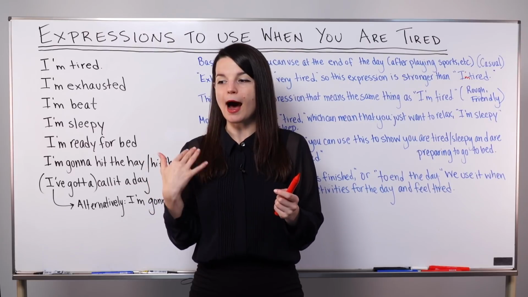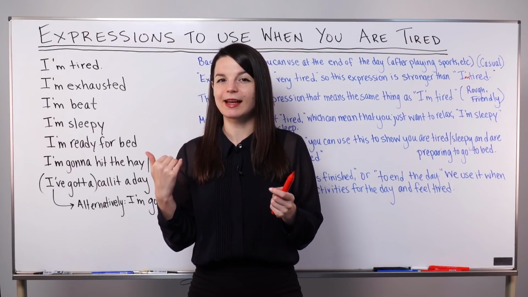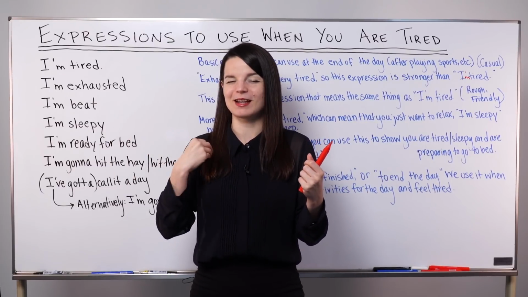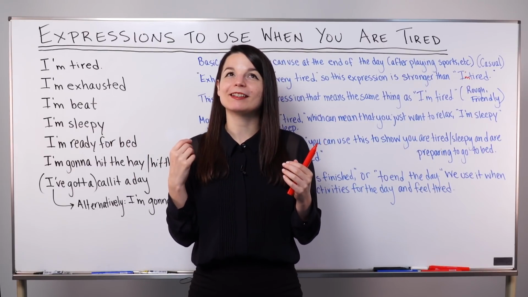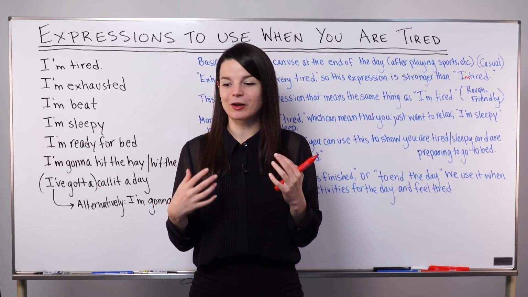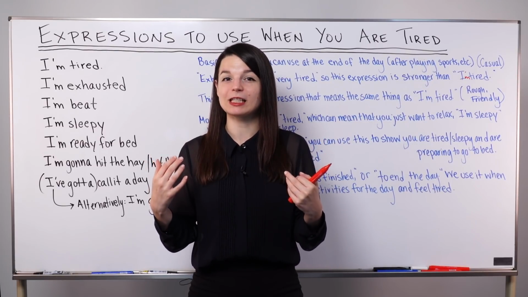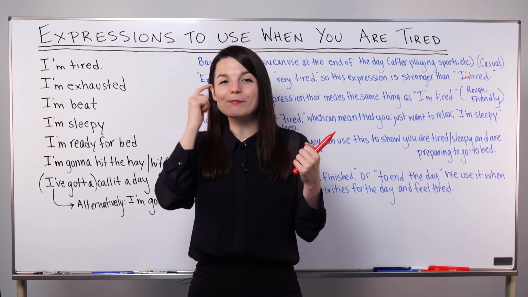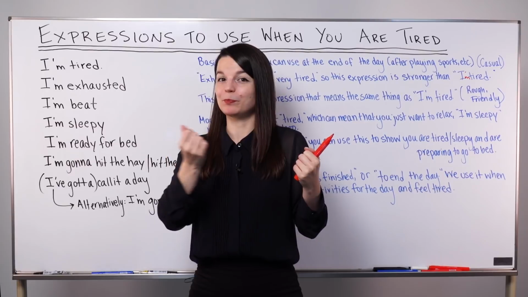So when we say I'm beat, it's like saying I have been hit, like something hit me. Not physically, but it's like there were so many things to do today, or I had so many activities to do. I feel like my body or my mind has been hit, has been beaten.